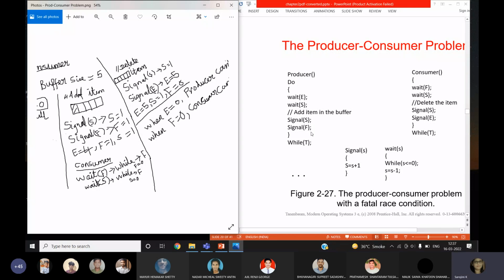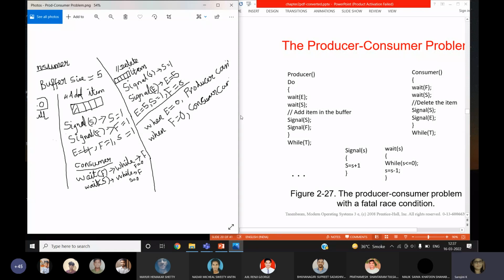And the full or empty value depends on the action it did. Suppose this is a producer. Producer added one item, so F will be incremented by 1. In the consumer case, the consumer will delete the item, so when it deletes, empty will be incremented by 1 and full reduced. So these are the functions both should do.